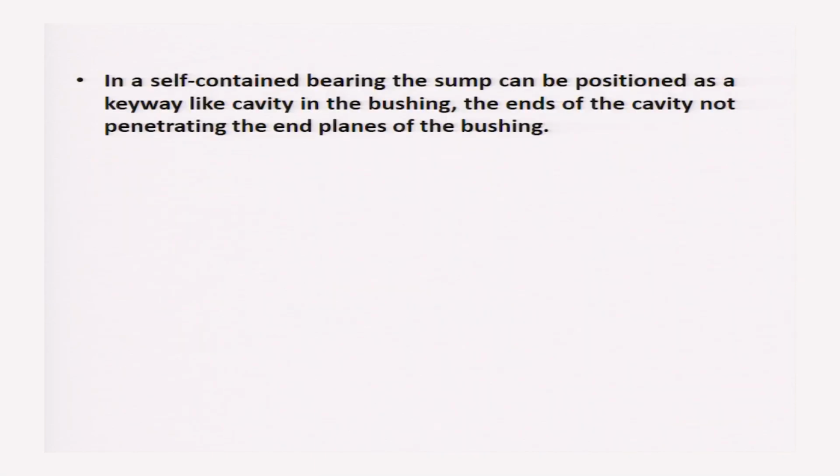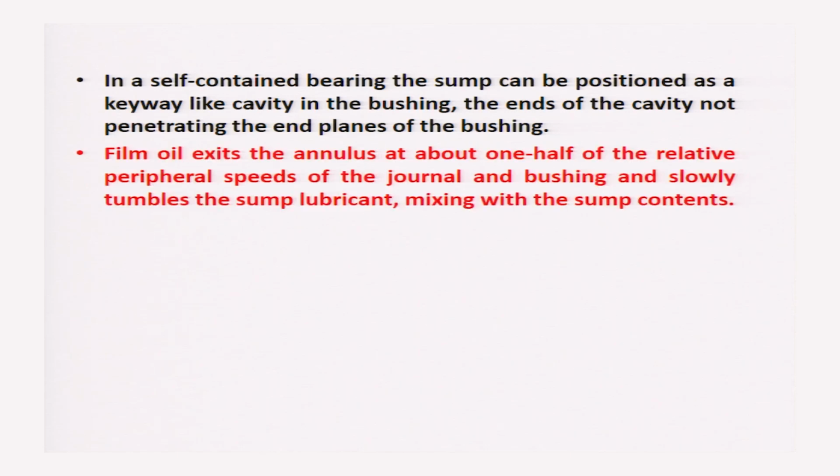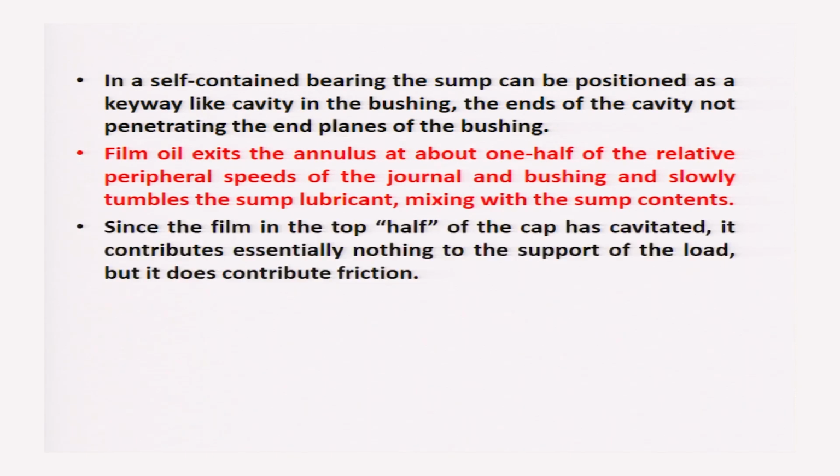Now, in a self-contained bearing, the sump can be positioned as a keyway-like cavity in the bushing, the ends of the cavity not penetrating the end planes of the bushing. Film oil exits the annulus at about 1/2 of the relative peripheral speeds of the journal and bushing and slowly tumbles the sump lubricant, mixing with the sump contents.